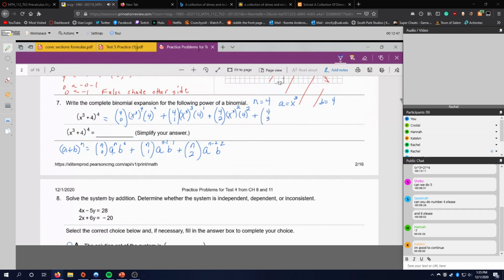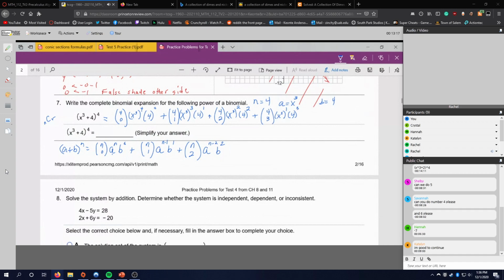4, 3. This is the combination. Remember the N combination R thing on your calculator that you use? That's what you can use for that. Or you can use Pascal's triangle. Then we have 4, 3. We have x to the third, down 1 to the first power, 4 up 1 to the third power.